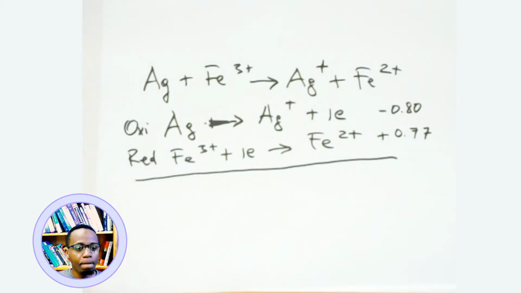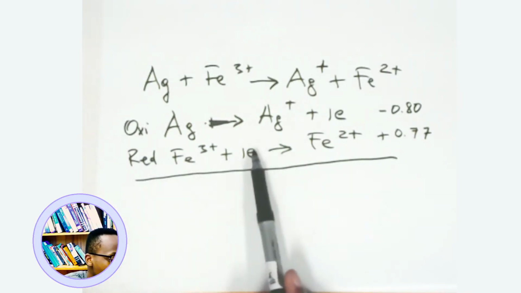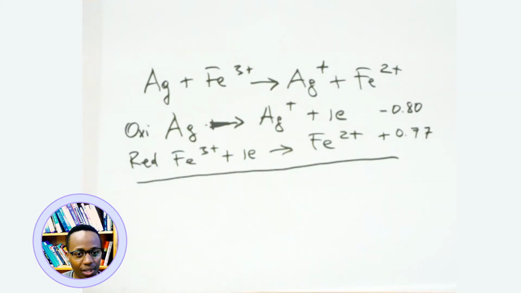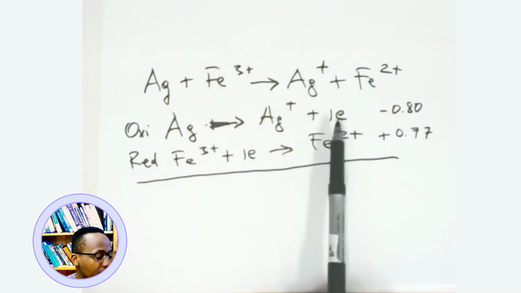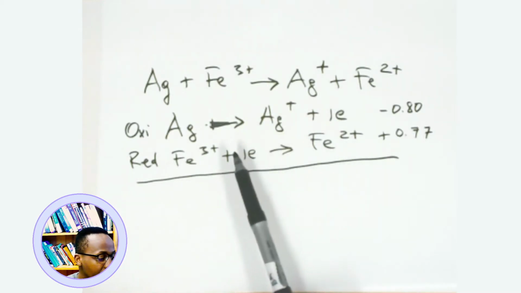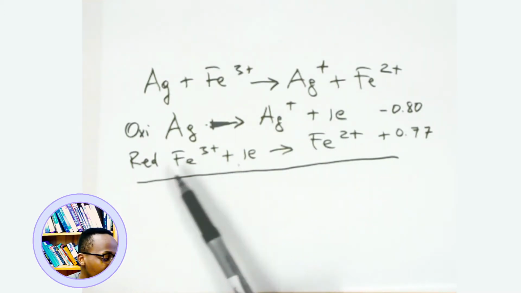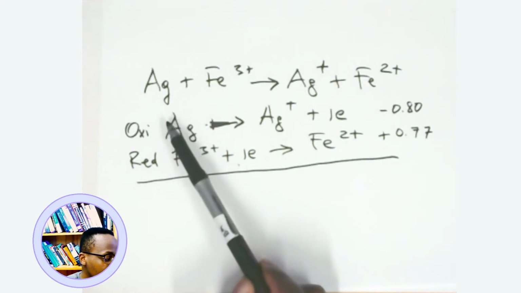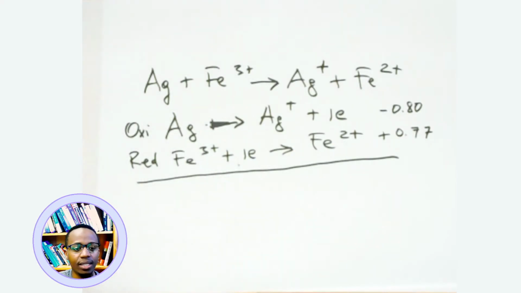So this is easy because you have 1 electron here and 1 electron here, so they just cancel. One thing is, whenever you're solving these equations, make sure that if you don't have the same number of electrons here, you're going to have to multiply the number here or here to get the same number of electrons.